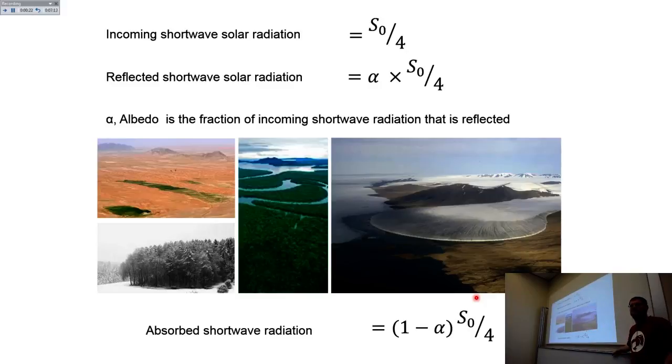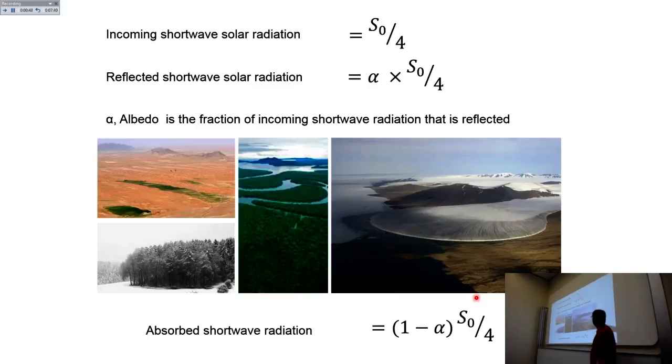Okay, so if the Earth is a perfect reflector, like a mirror, then alpha would be 1. So it would reflect away all of the heat energy that arrives, and it would stay cold. If the Earth was a perfect black body, in that it absorbed all of the energy it received, then alpha would be 0, and we wouldn't reflect away any energy.